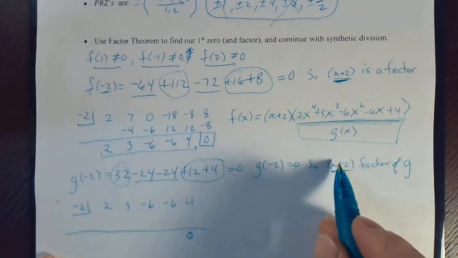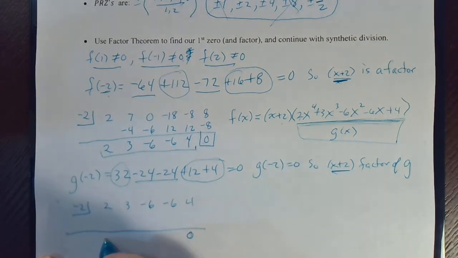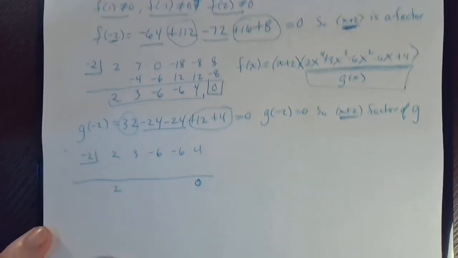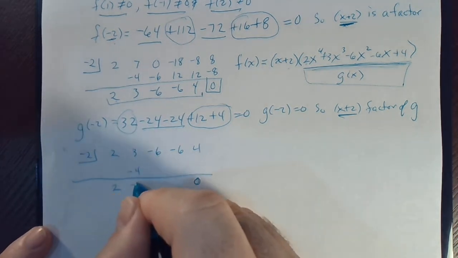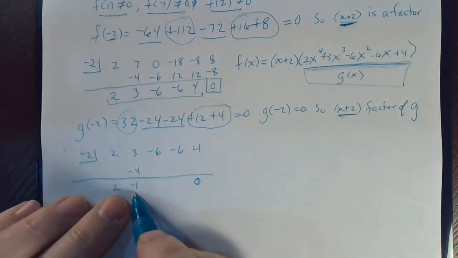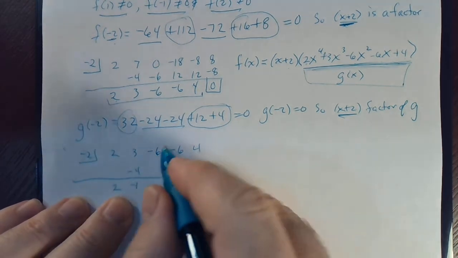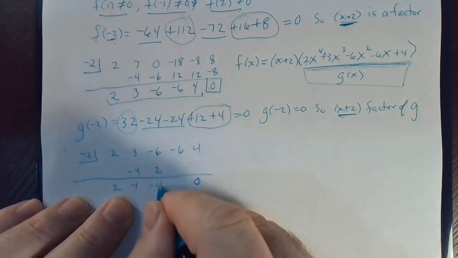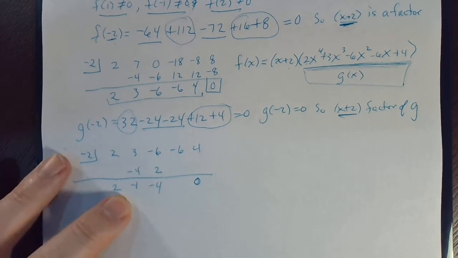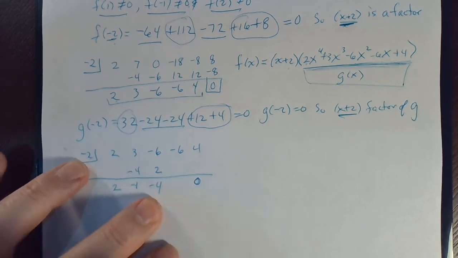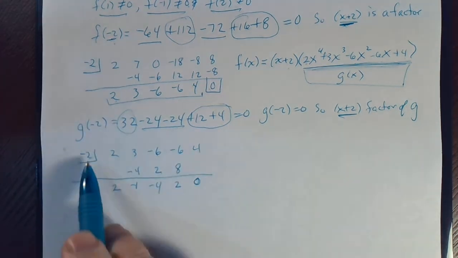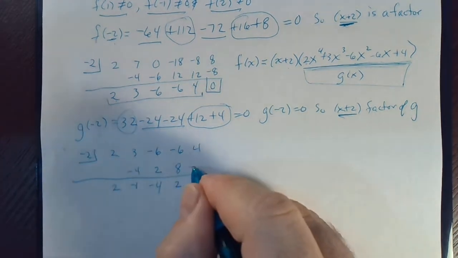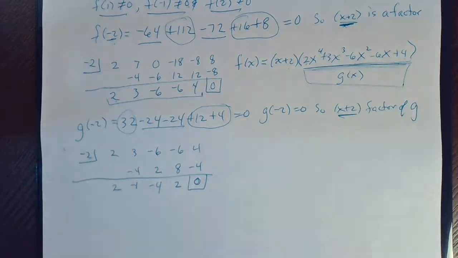So we bring the 2 down. Negative 2 times 2 is negative 4. Add that column, you get a negative 1. Negative 2 times negative 1 is a 2. Add that column, you get a negative 4. Negative 2 times negative 4 is a positive 8. That gives you a 2. Negative 2 times 2 is a negative 4. When you add that column, the remainder gives you a 0.